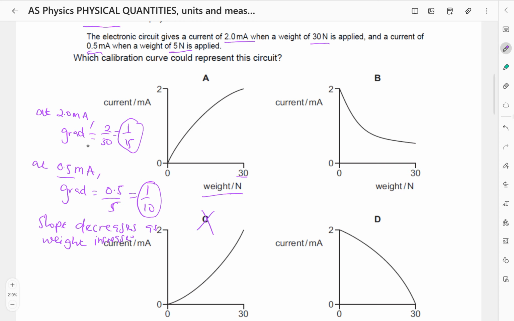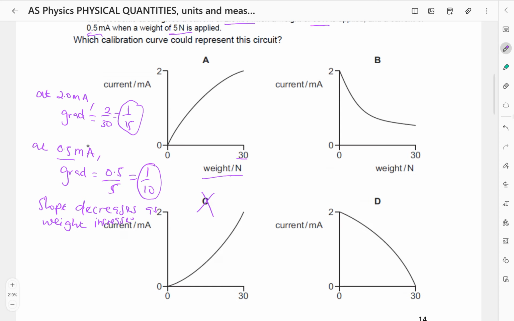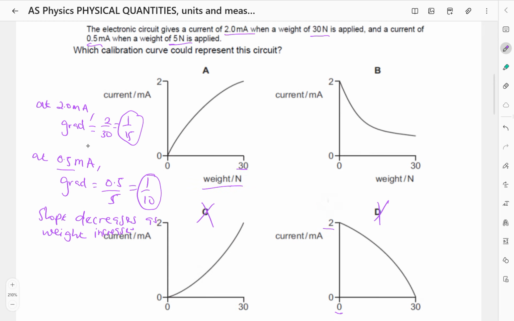This makes C wrong, because C shows that the slope is actually increasing. D is also wrong because the slope is increasing, and D is even more wrong because it shows that when the current is 2, the weight is 0.